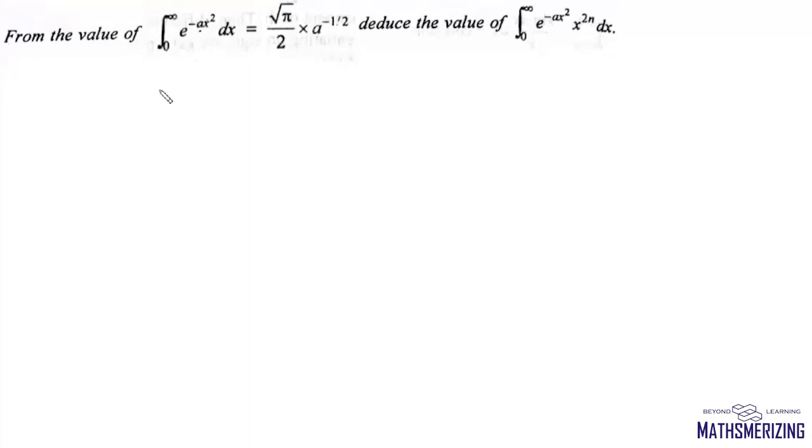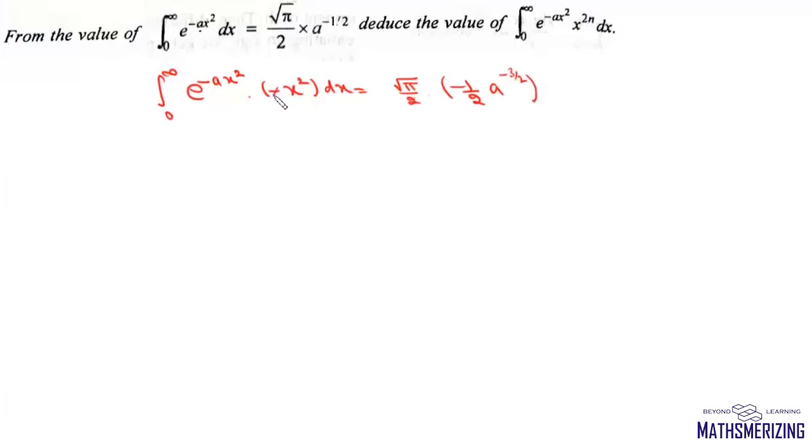So here on the left hand side, we'll have this integral from 0 to infinite e to the power minus ax square into minus x square dx, and here it will be under root pi by 2, and then we have minus 1 by 2 a to the power minus 3 by 2.